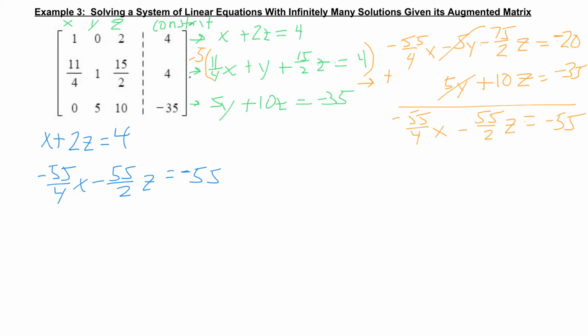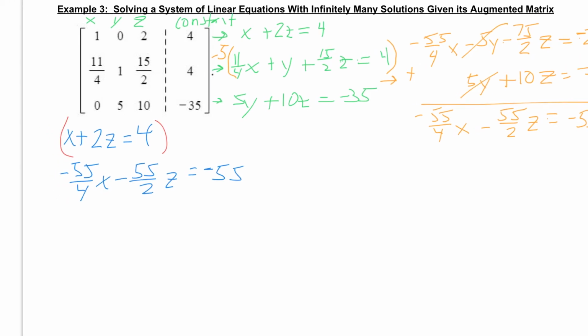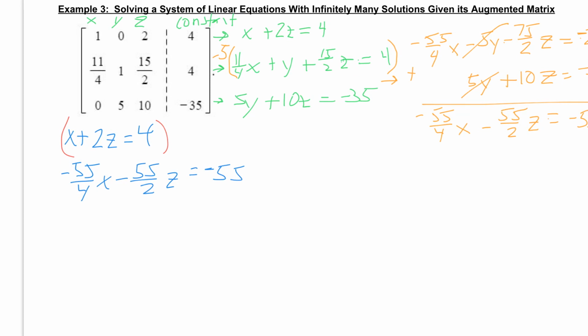So to do that, I would need to multiply this top equation here. Let's move this over for just a second. I need to multiply this by 55 over 4 to get my new equation. So if I multiply that by 55 over 4, I get the following.